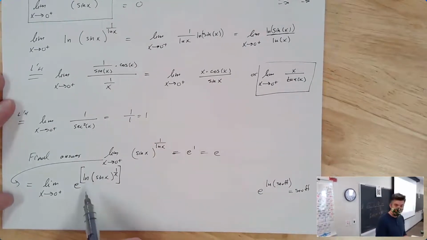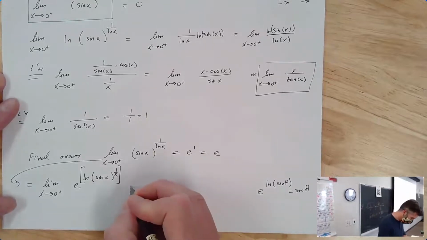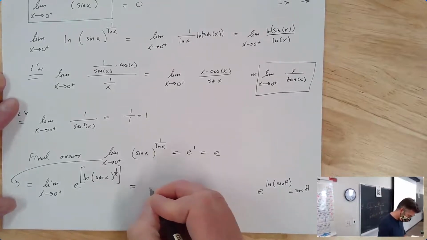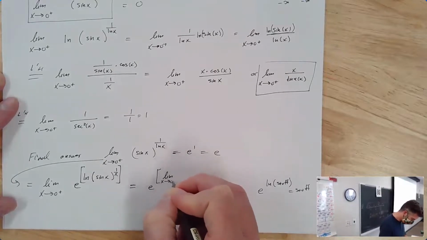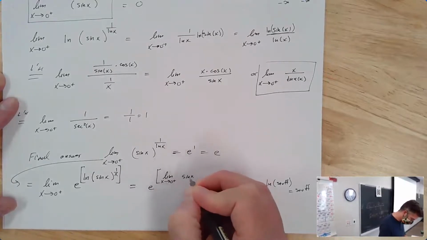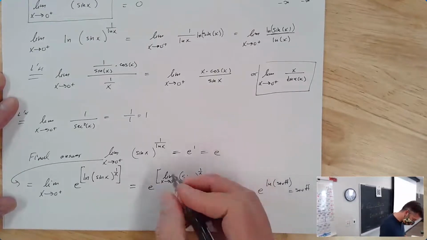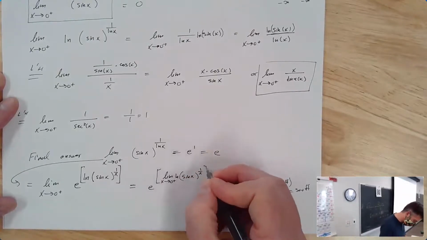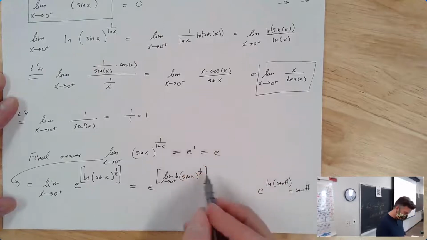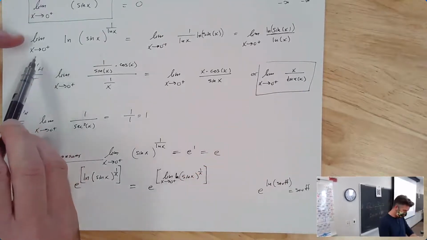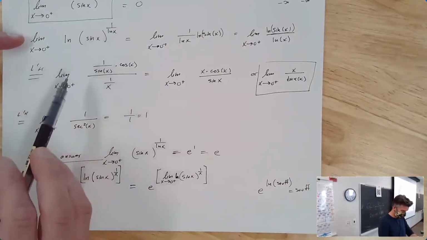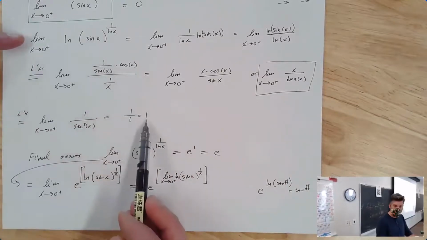So definitely write it this way, this is the same as e to the limit as x goes to 0 from the right of the natural log of sine of x to the 1 over natural log of x. But we found that limit. That limit was what we did up here, right? And that limit is 1.